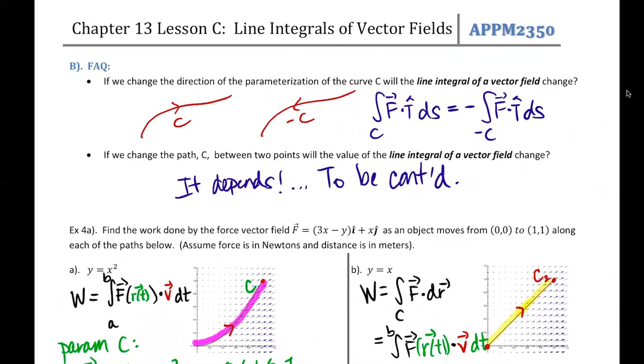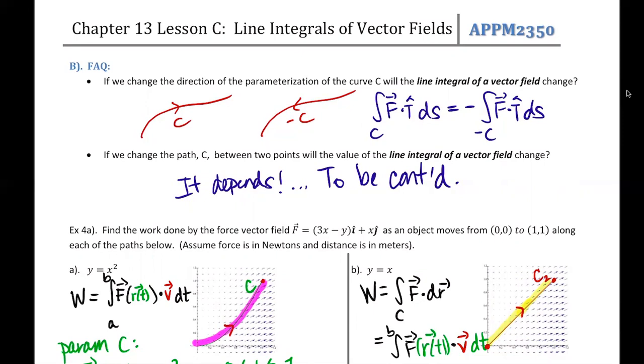And this is to contrast what we did last lesson when we were just doing line integrals of scalar functions, not vector fields. We did a scalar function, like we were thinking of the area of that windy fence. The direction that we parameterized didn't change that area. We didn't get a different answer depending on our direction.